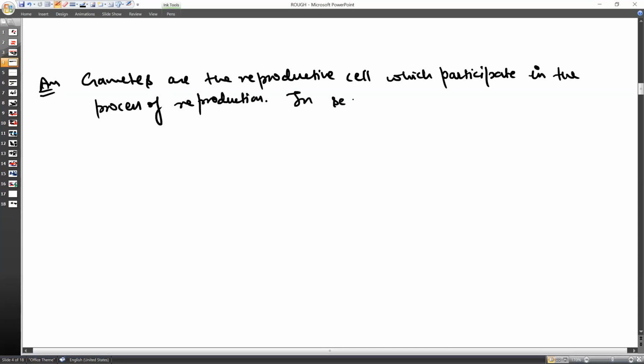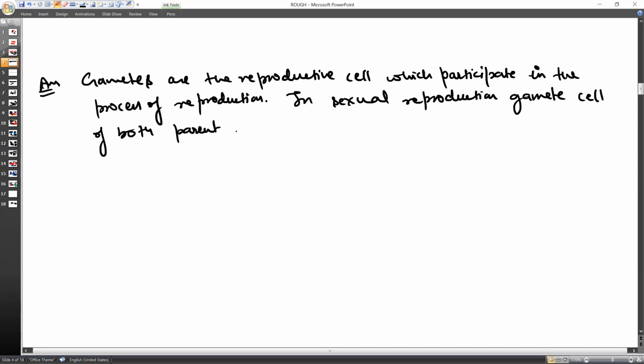In sexual reproduction, the gametes of both parents fuse together to form a zygote.